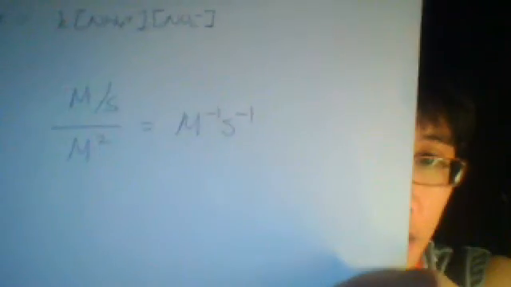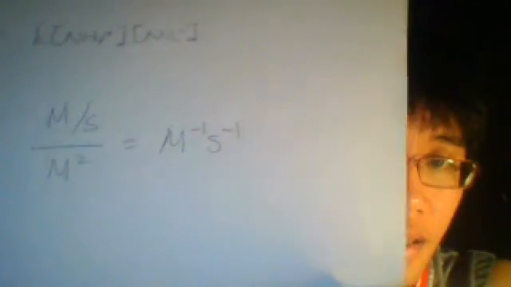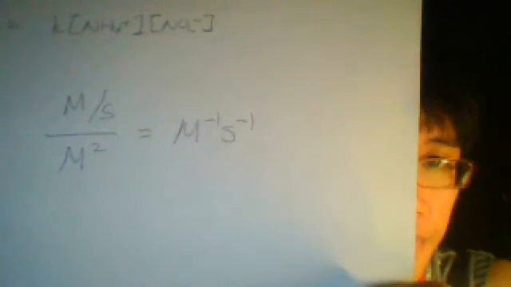So you're going to have M over s over M squared, and that's going to give you this one. It's very easy, and people miss this all the time. This is for second order: the rate constants, basically their units. A lot of students miss this because they don't understand that it's entirely dependent on the order of the reaction.